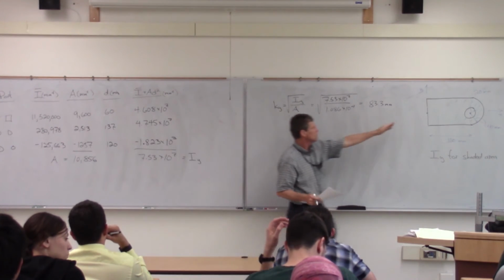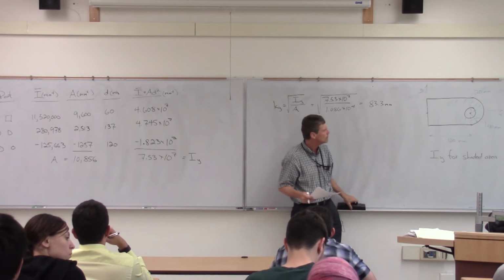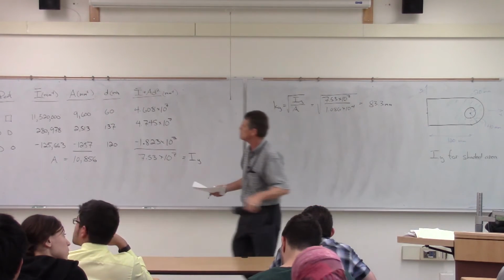now that's giving us the moment of inertia about that particular thing. What we'll do is we'll get started, and what I'll probably have to do is post the rest of it.